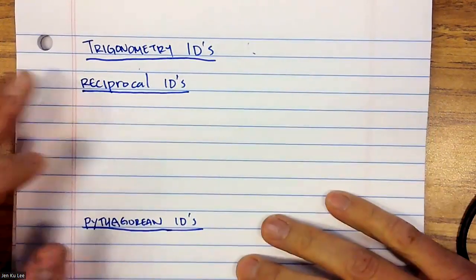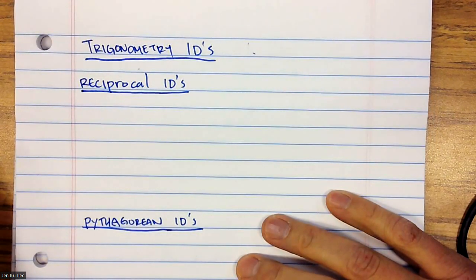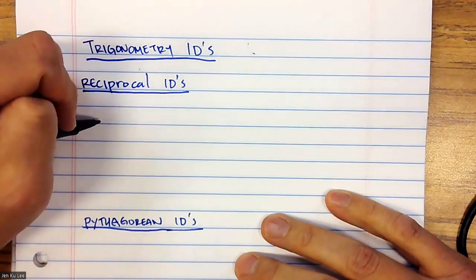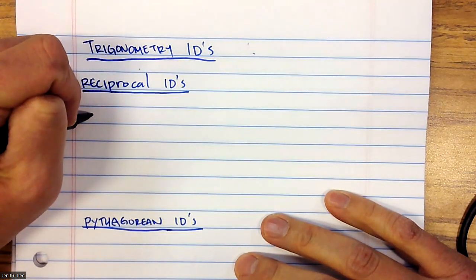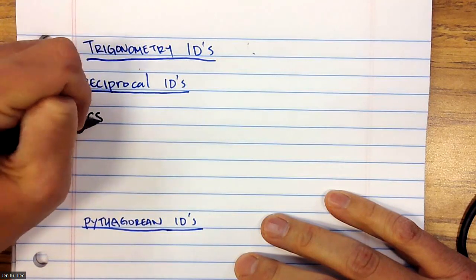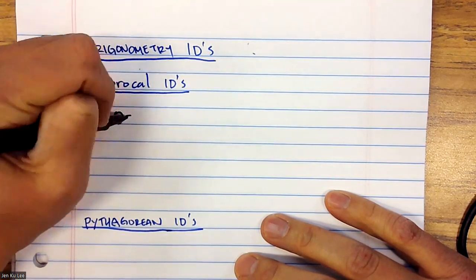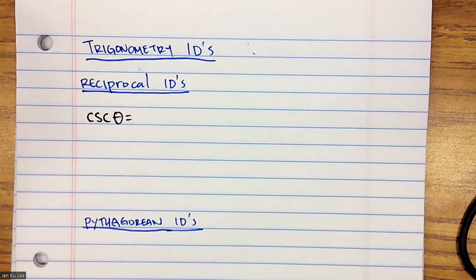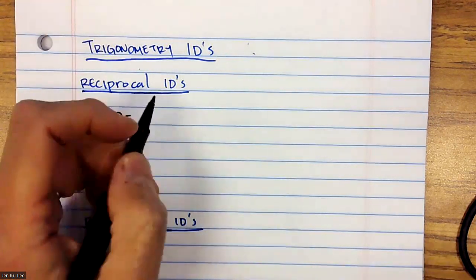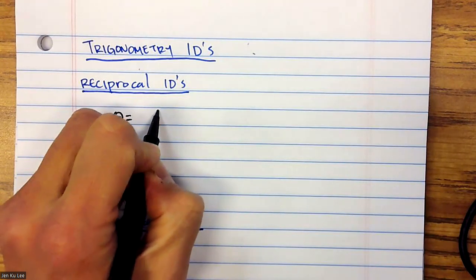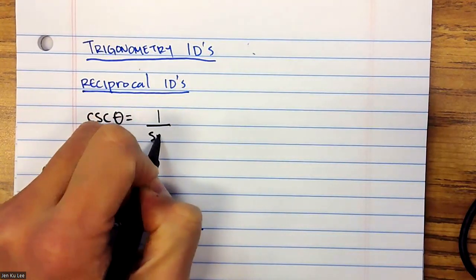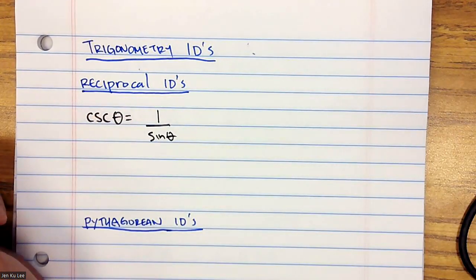So the first is the reciprocal identities, which you already know, right? What is the reciprocal of cosecant? Sine, right? So if it's the reciprocal, then cosecant equals 1 over sine of theta. Nice and easy.